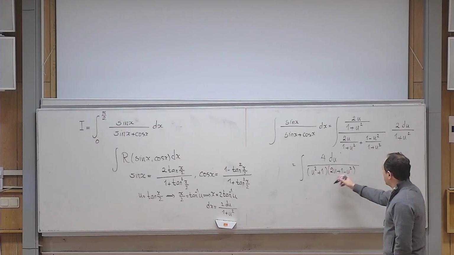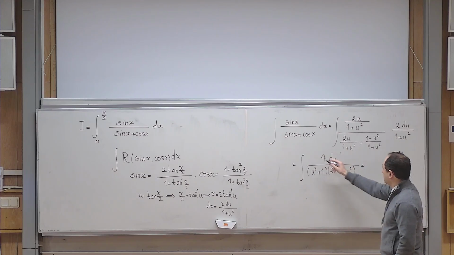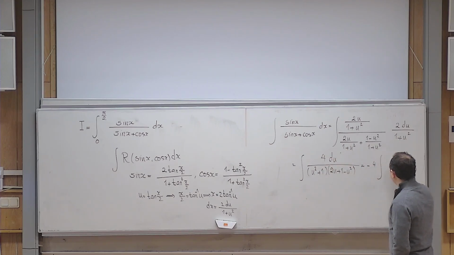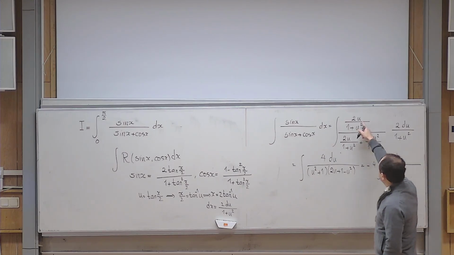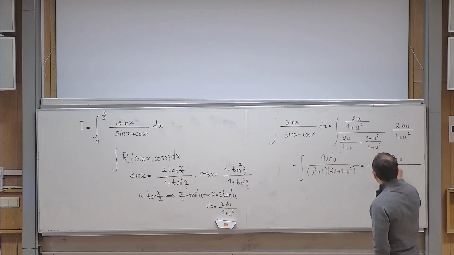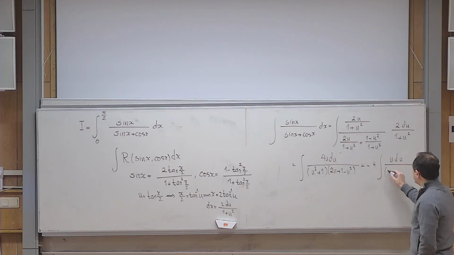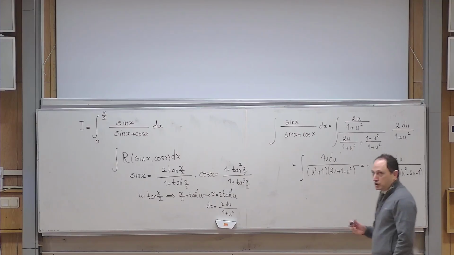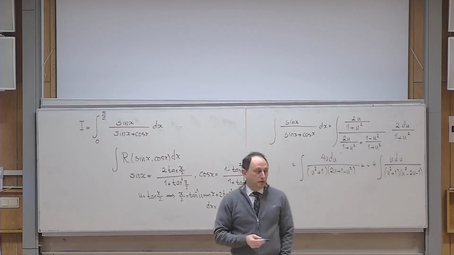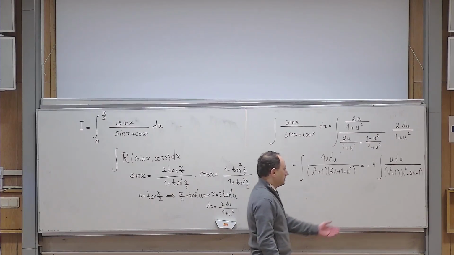And for example, I can factor a minus 1 out and a 4 out from here. This becomes the integral of du. Oh, sorry, I forgot to put this u there, so there's also a u here. And then it becomes u squared plus 1. I factor a minus sign out, so it becomes u squared minus 2u minus 1. Yes. And this was already known to me that I can solve this integral because this is a very standard integral.